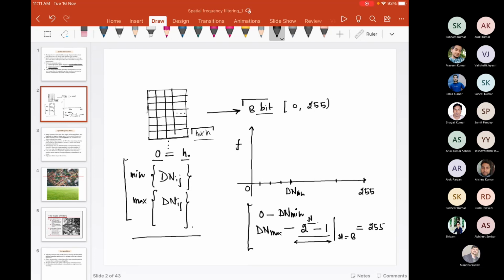And somewhere we have a DN max. It's not a continuous function. It's discrete. We have different values for frequency. And once you interpolate it, you will get this kind of curve.